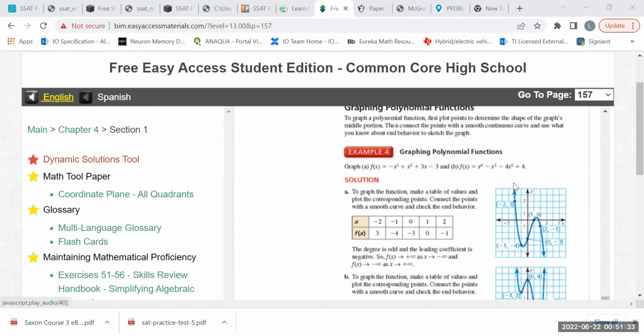And therefore, your polynomial end behavior is going to be like this. As x tends to negative infinity, f of x tends to positive infinity, and as x tends to positive infinity, f of x tends to negative infinity. And we've taken a bunch of values of x from -2 to 2, evaluated f of x, plotted those points, and joined those points with a smooth curve. Now, can you go ahead and try part B and try to graph this using the same technique?